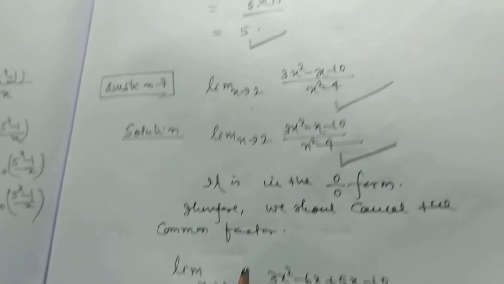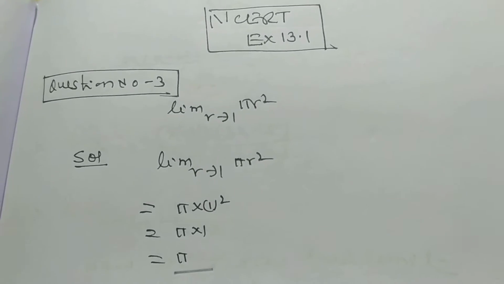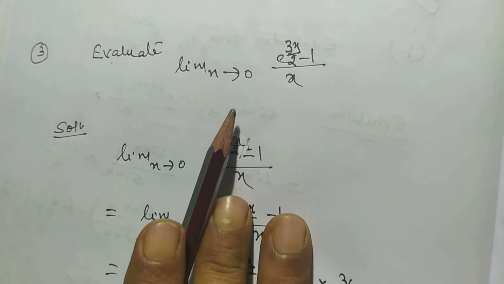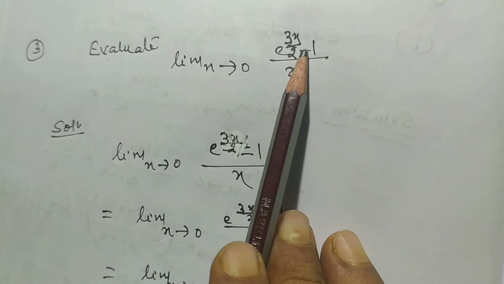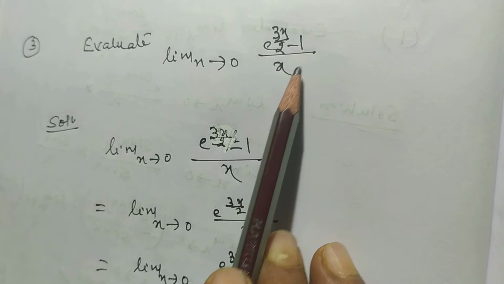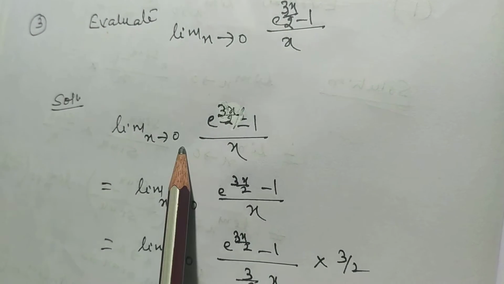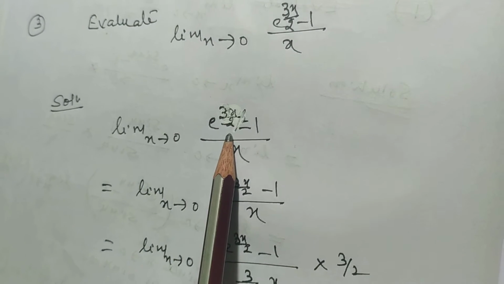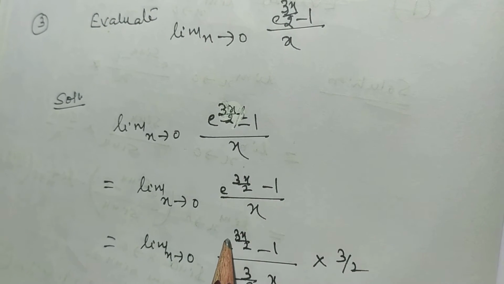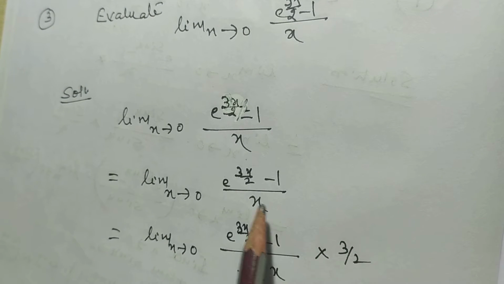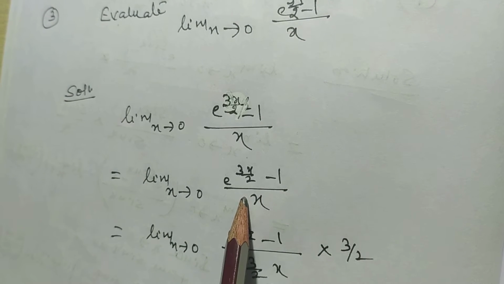So now, here, problem number 3. If you let limit x tends to 0, e to the power 3x by 2 minus 1 by x. Now you can rearrange, limit x tends to 0, e to the power 3x by 2 minus 1 by x. And we want to break it into the formula.